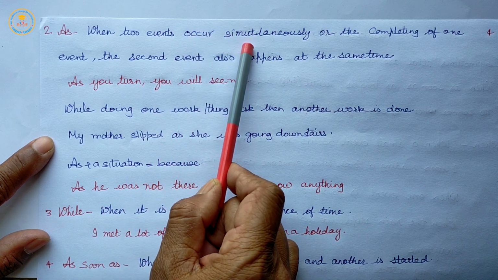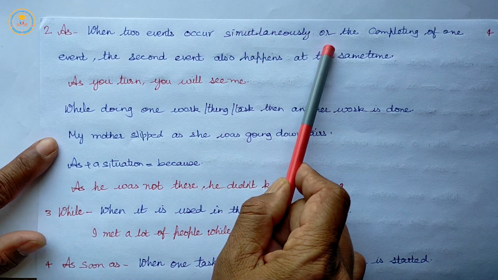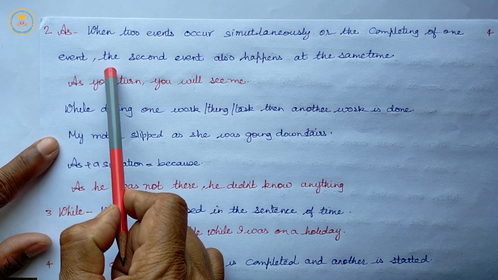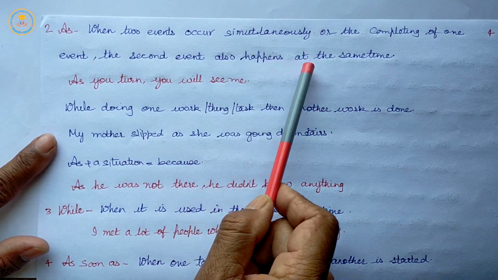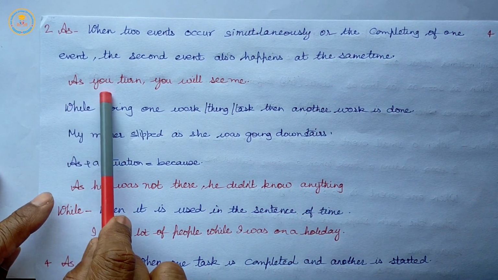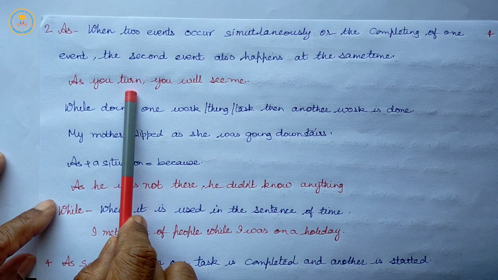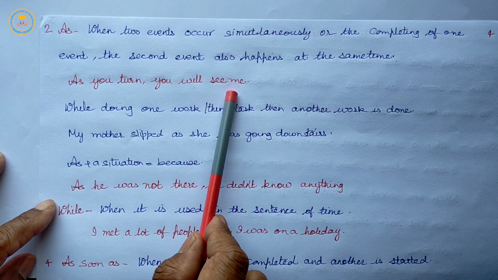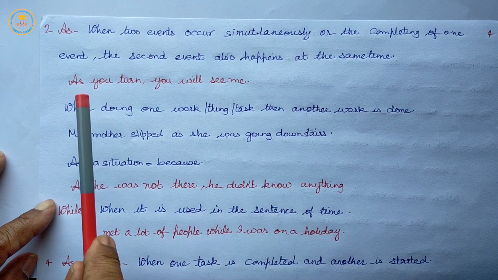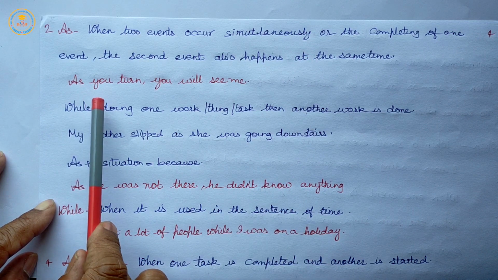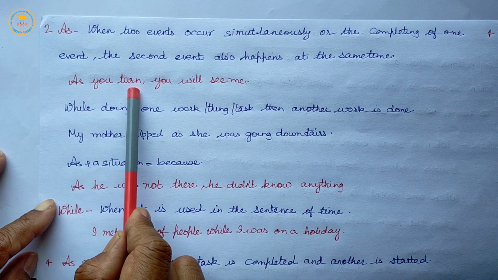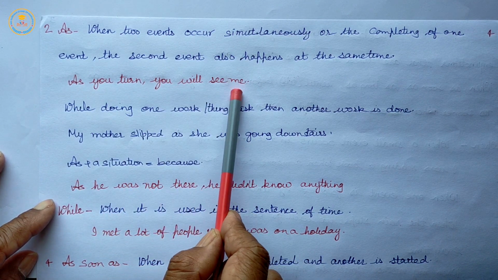Example: as you turn, comma, you will see me. See, two events occur side by side, and with the completing of one event, the second event also happens at the same time. So, as you turn, you will see me.